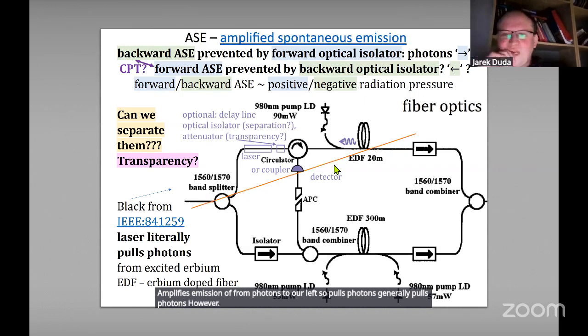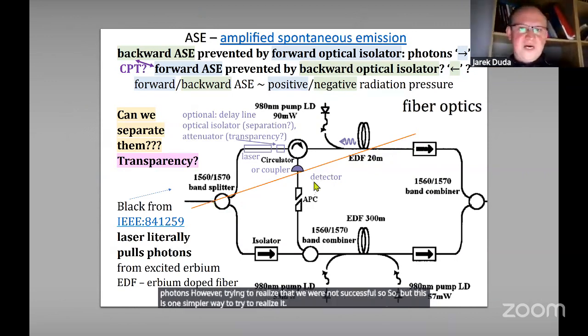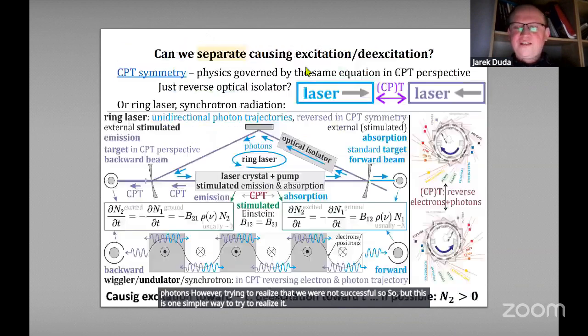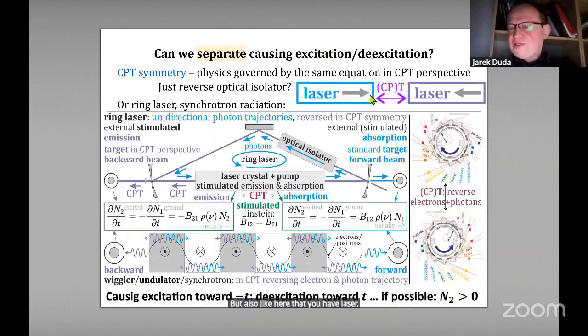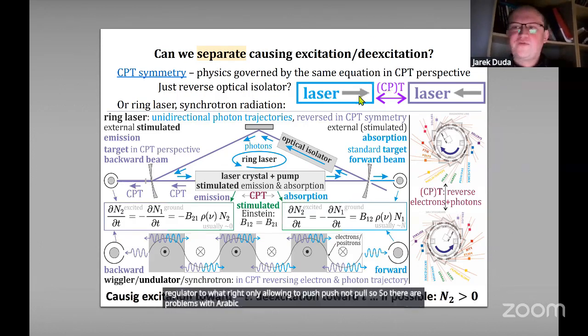However, trying to realize it, we were not so successful. But this is one simple way to try. Here you have a laser, and a standard laser has an optical isolator toward the right, only allowing to push, not pull. So there are problems with the Rabi cycle, for example, because of this optical isolator.